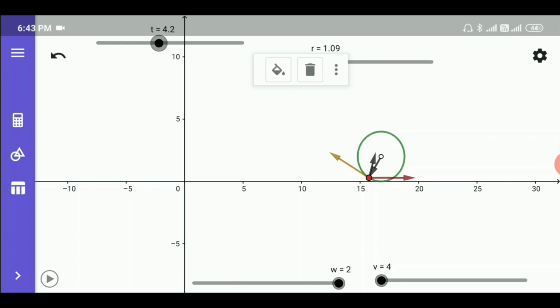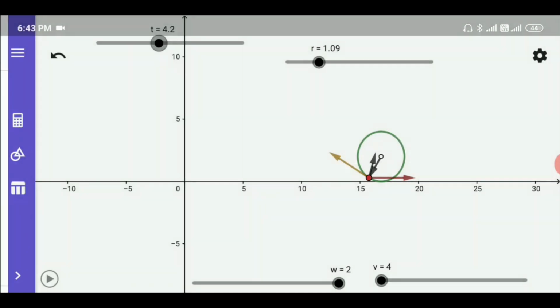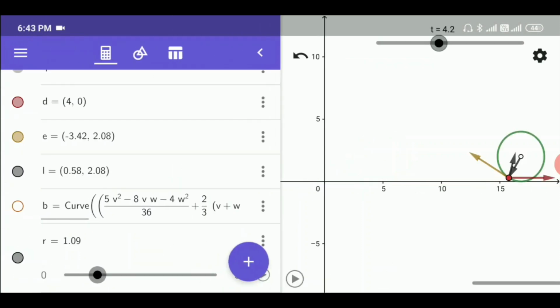So this was about a point on the circumference. Now things are going to be a little bit tricky. What will happen if we take a point which is inside the disk? For this we first have to remove these vectors so that you can understand it more clearly. Just remove this.